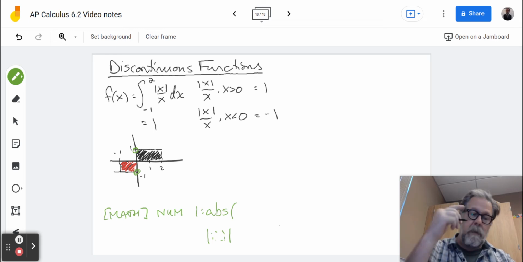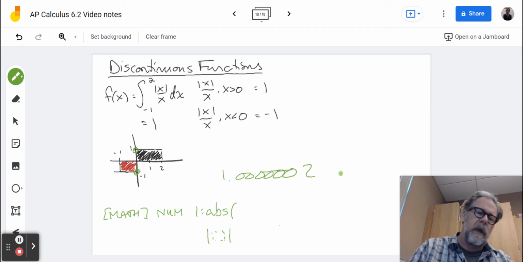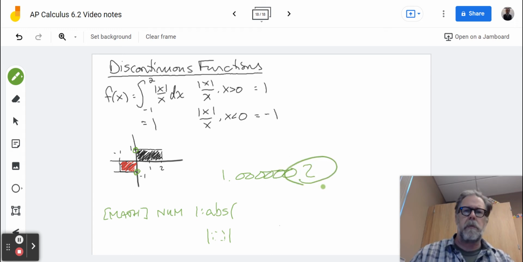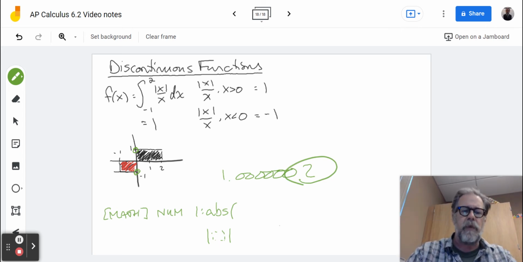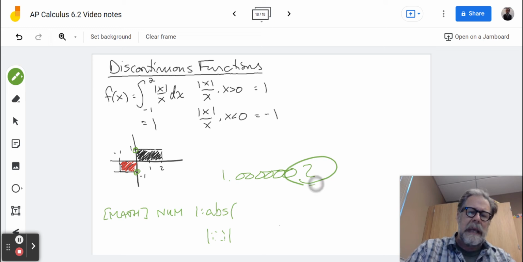You also may notice that when you plug this into your calculator, you get 1 point something. And that's because it's approximating. It's actually doing the Riemann program to do these approximations, and it's not necessarily going to be exact because of the way it splits these up.